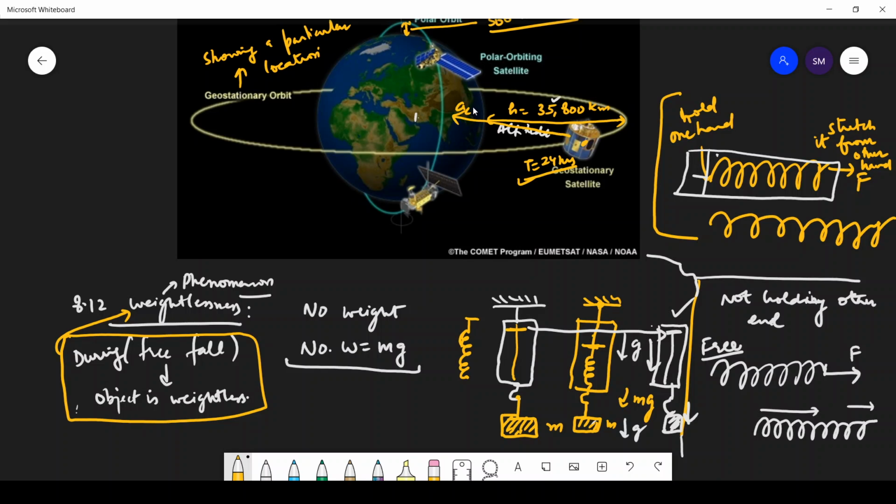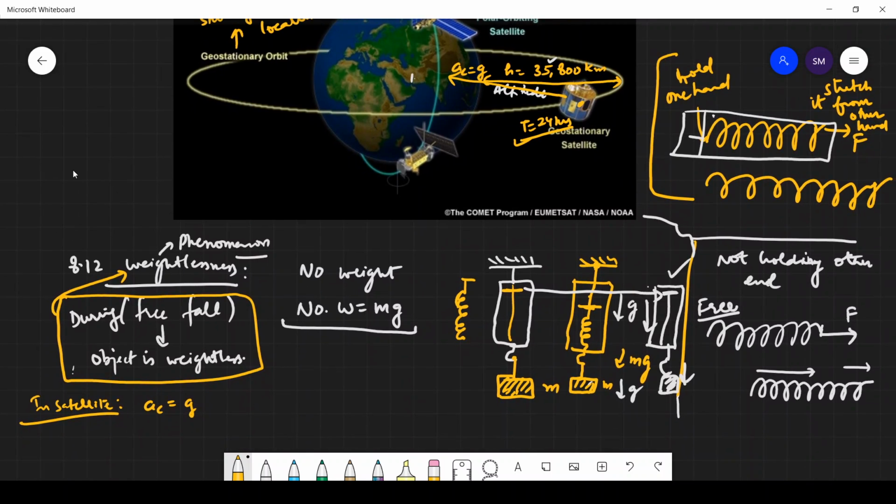So the value of this acceleration is g. In the satellite, the centripetal acceleration is the same as the acceleration due to gravity.